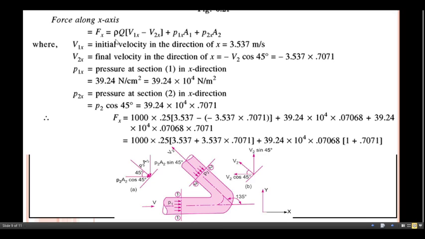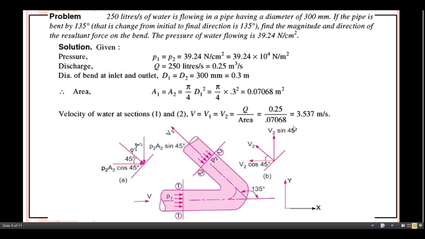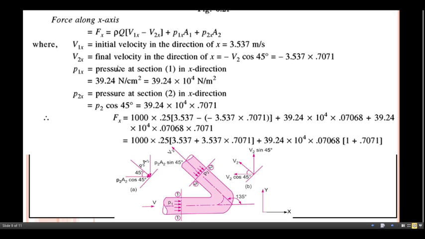Just see the initial velocity in the direction of x, which we already calculated in the previous step: 3.537. Now what about the final velocity component? The final velocity component with us is V2 cos 45.